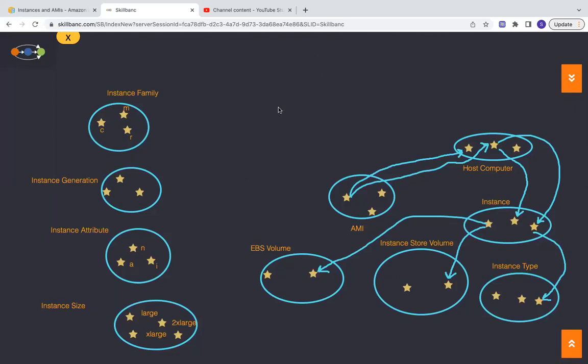So we have a host computer on which we will put virtual servers.